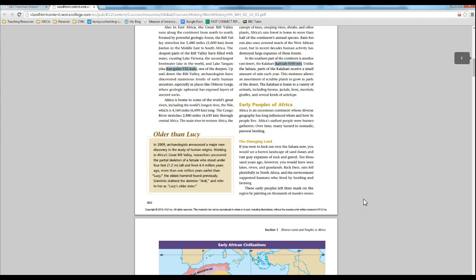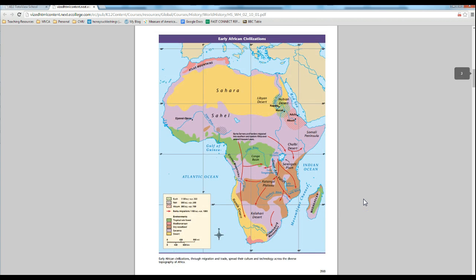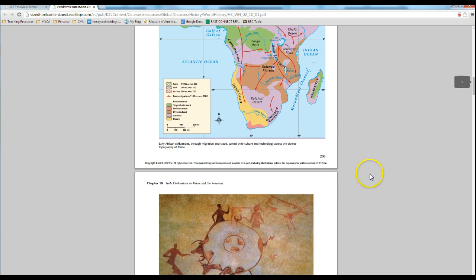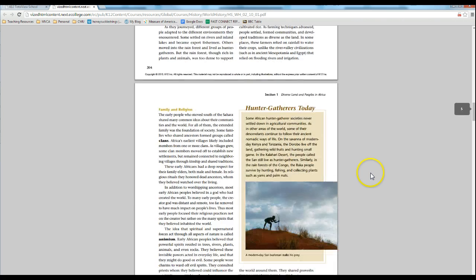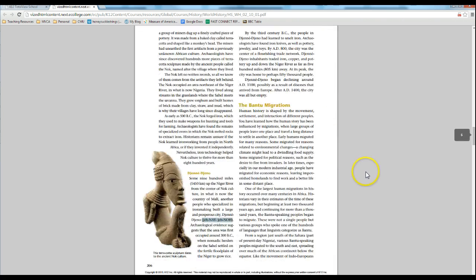We need to scroll through. This is a map. Remember, we're looking at south of the Sahara. So if this is the Sahara right here at the north, a large section of Africa, we're looking south, east, and west. If we move to page 206, we'll start reading here.